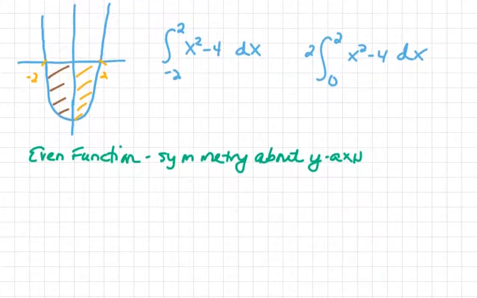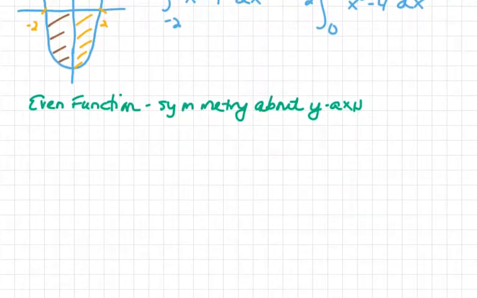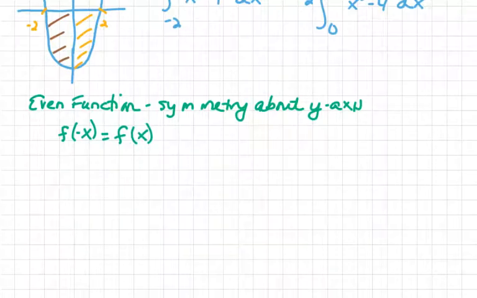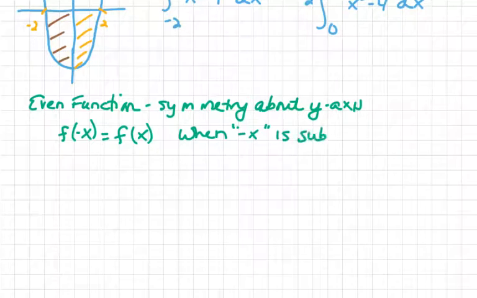And how do we test that? Well, when we substitute in the opposite x value, we get the same y value out. So f of negative x equals f of x. When negative x is substituted into the function, you get the same exact y out.